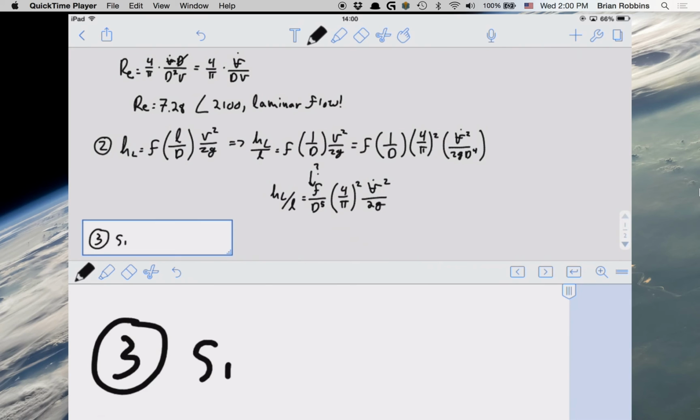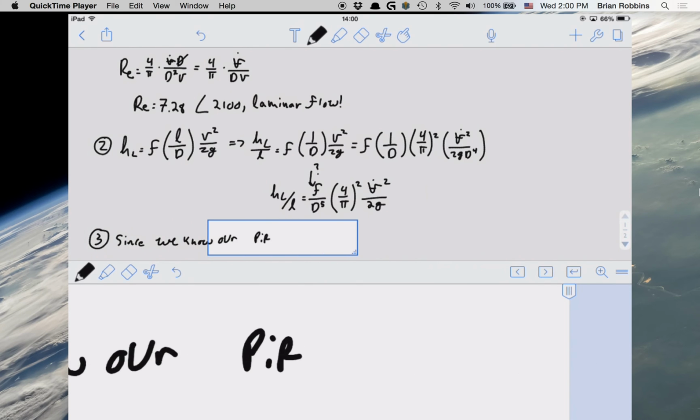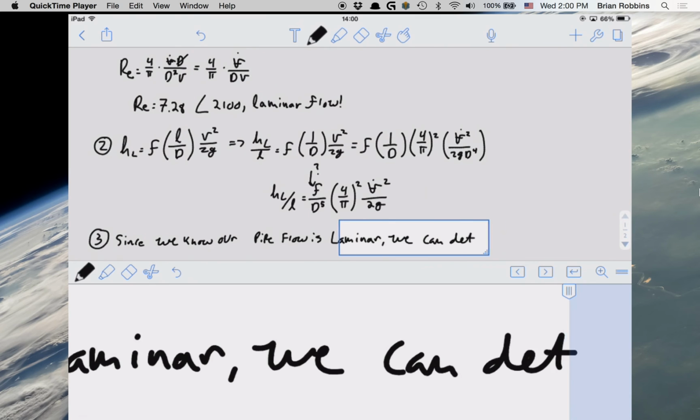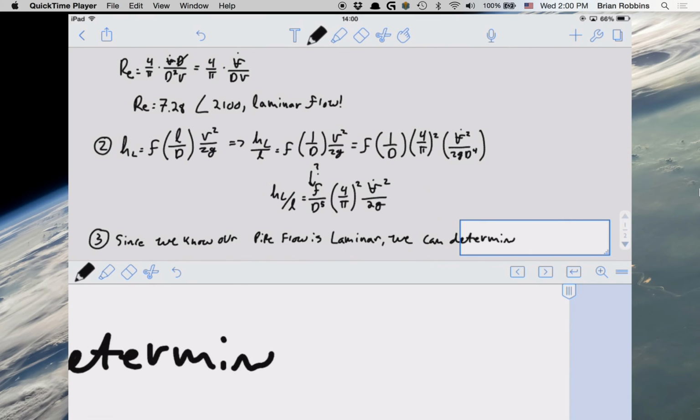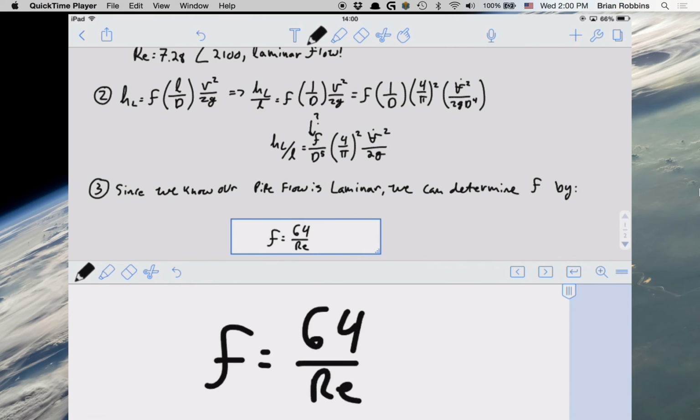So, since we know our pipe flow is laminar, we can determine our Darcy friction factor by just 64 divided by the Reynolds number, which we already had calculated in step 1.